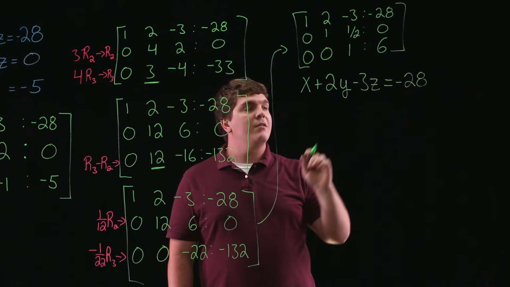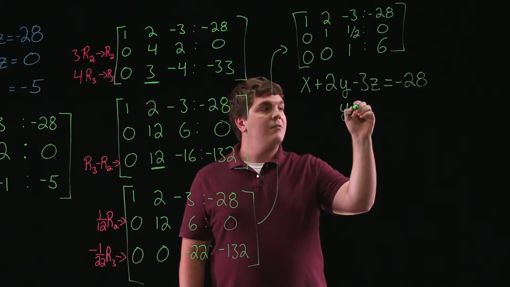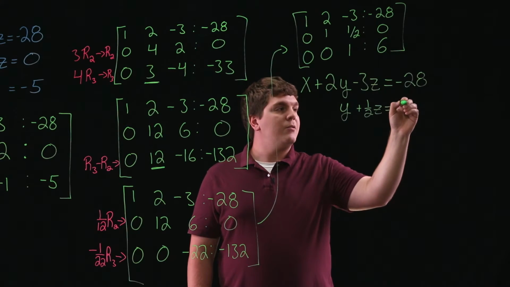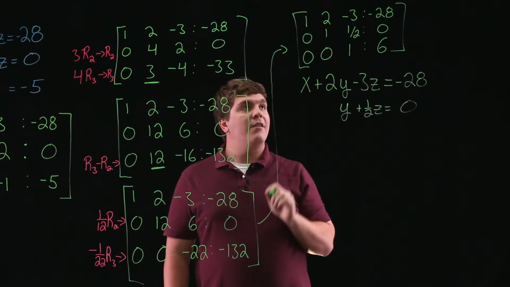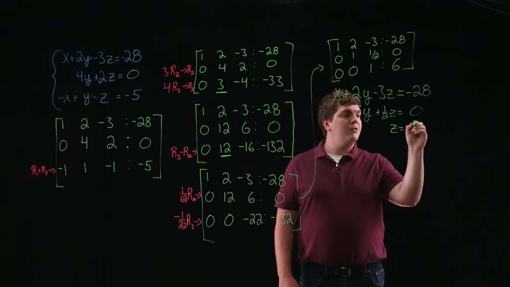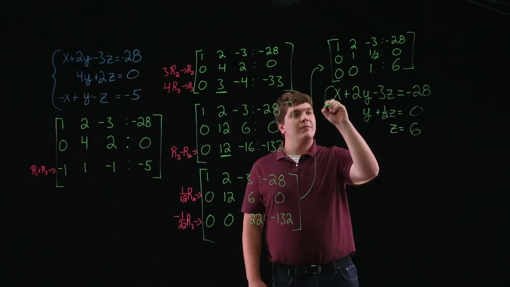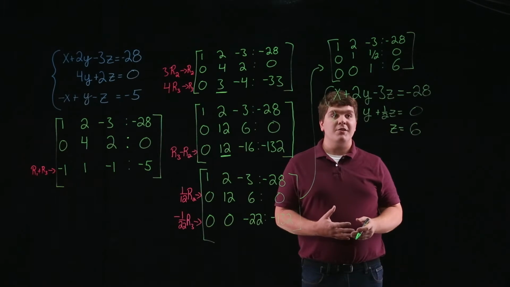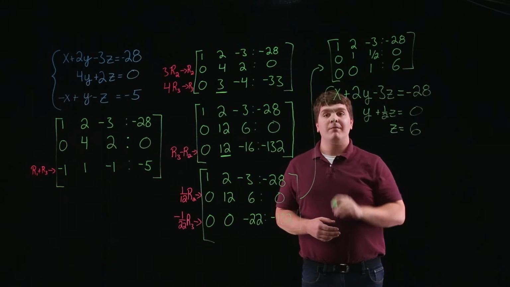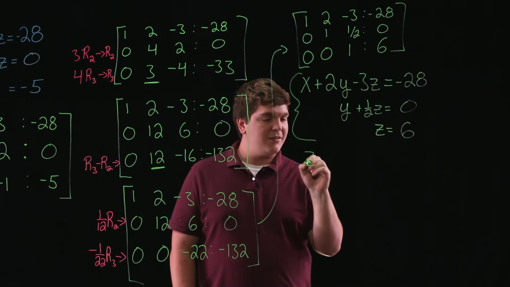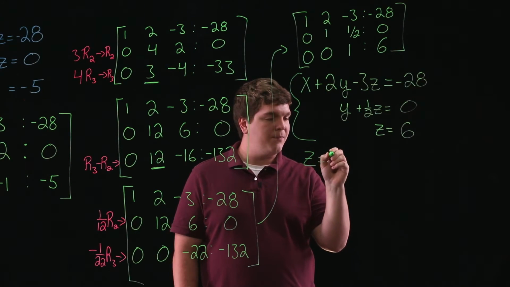The second row of this matrix gives us the equation y plus 1/2 z is equal to 0. And the third row gives us the equation z is equal to 6. So at this stage, we can use back substitution to solve for z, y, and x. We have that z is equal to 6.